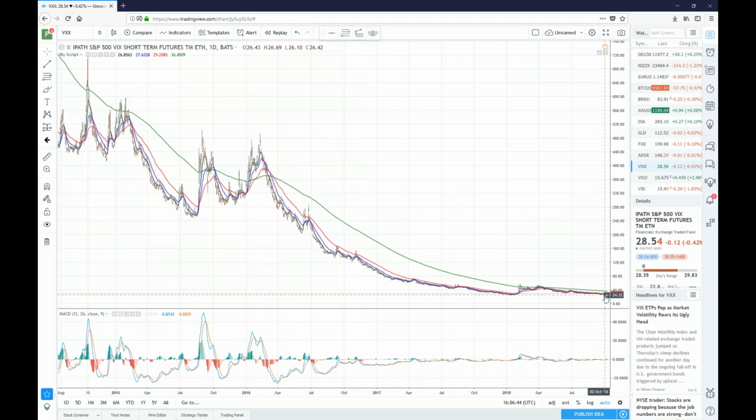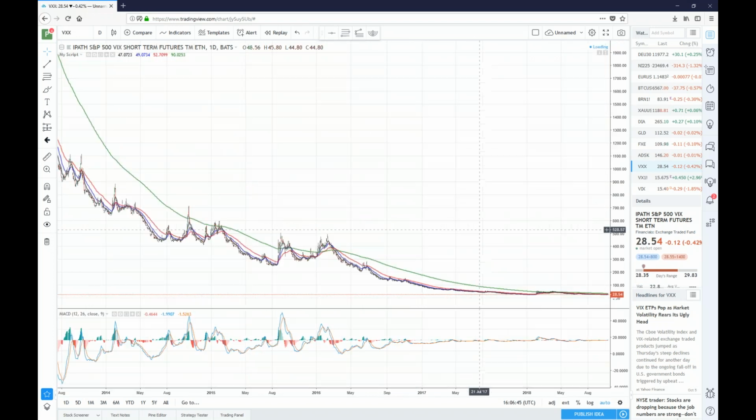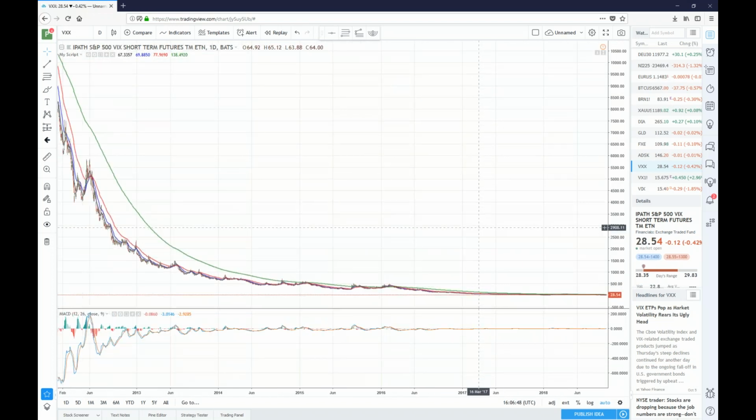Fear is pretty much at an all-time low, and it's ridiculous how little fear currently is in the market. This interpretation of that chart is completely wrong.